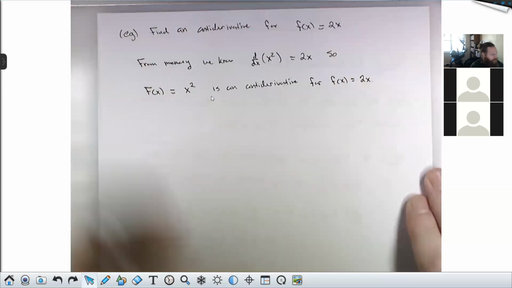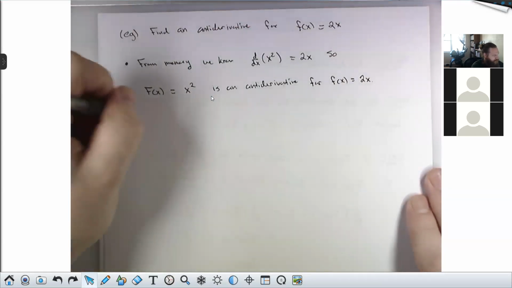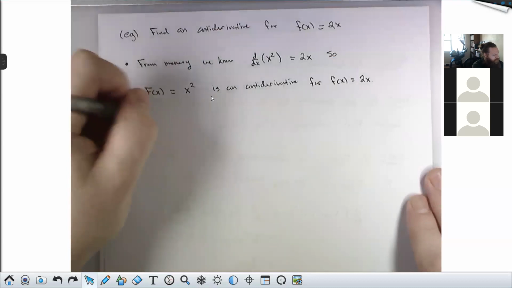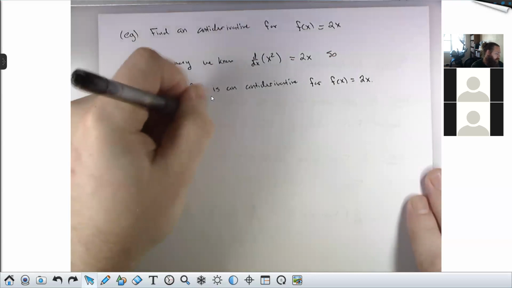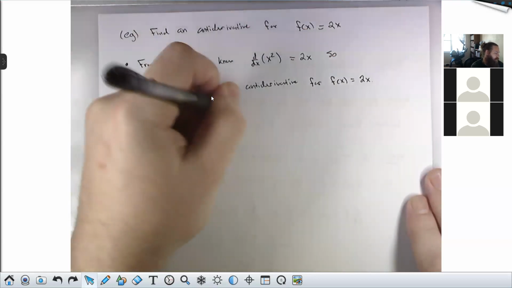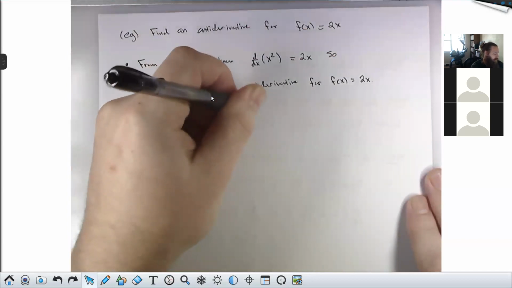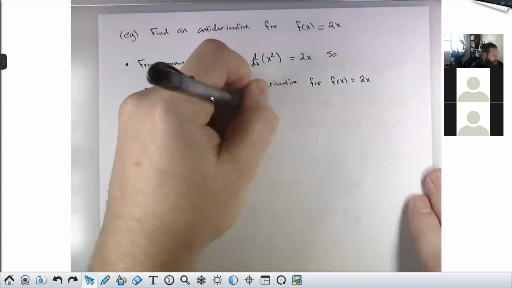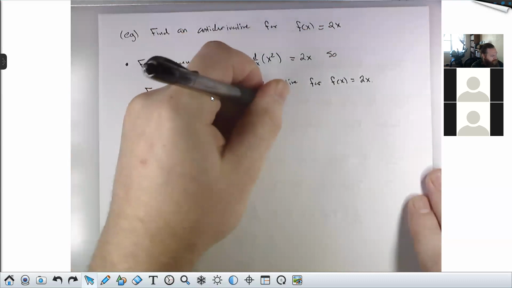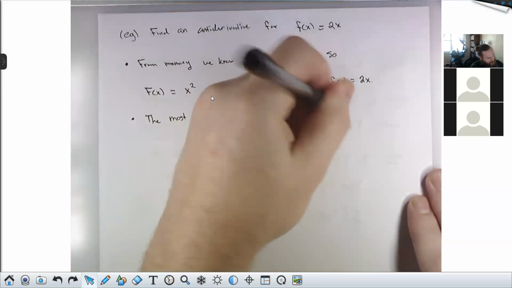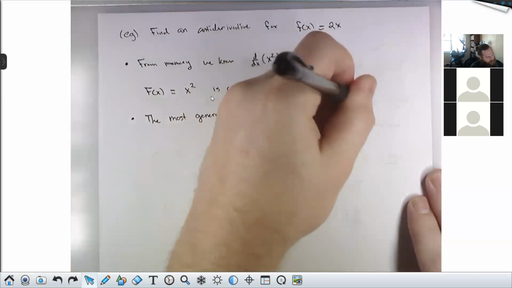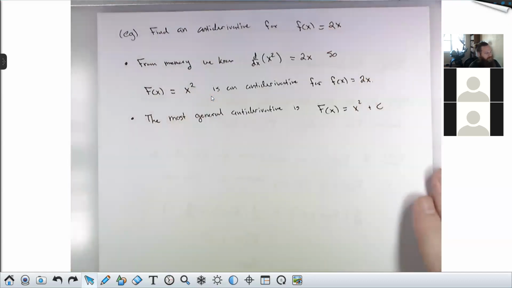And what's more, the most general antiderivative, and I think Adrian got this as well, is x squared plus c.